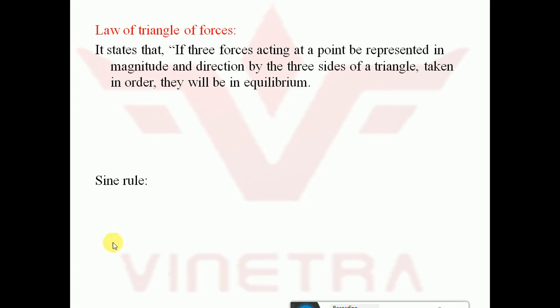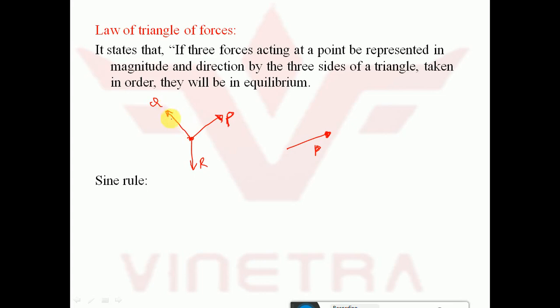If there are three concurrent forces P, Q and R, and I am able to reproduce these three forces in a triangular form, for example, this is P. This force has this direction, and this is the magnitude of P. I am representing it as one side of a triangle.